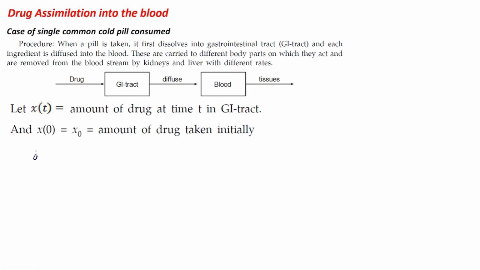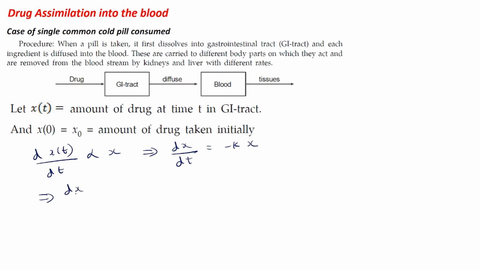Then dx of t upon dt is proportional to the amount of drug x, or we have dx by dt equal to minus k into x. Here again, this is a decay model. That is the reason why we have a negative sign here, because over a period of time, the amount of drug reduces in the bloodstream.